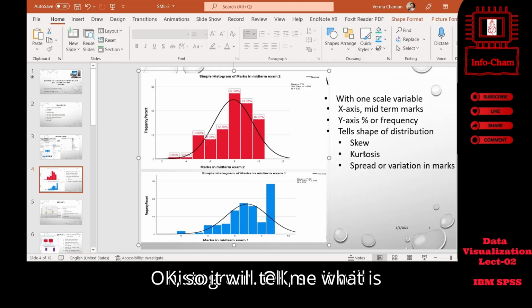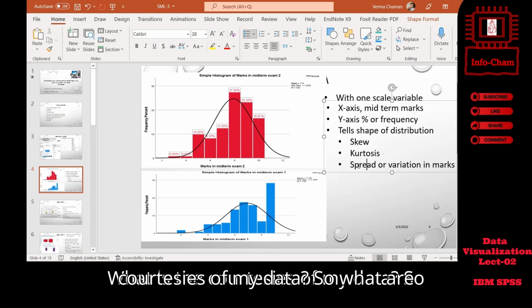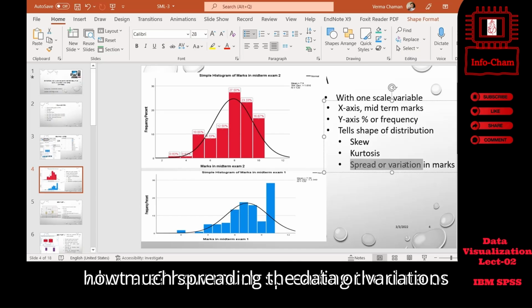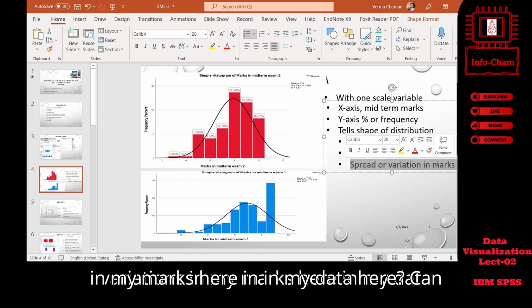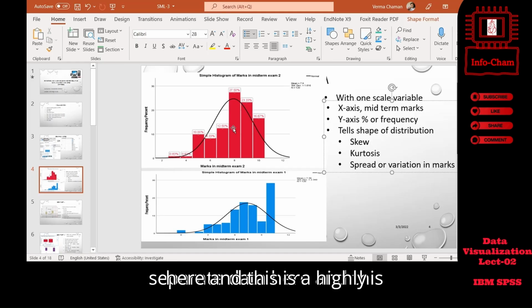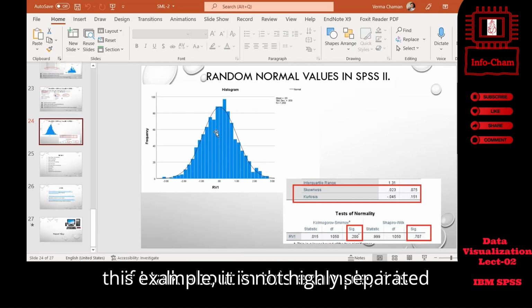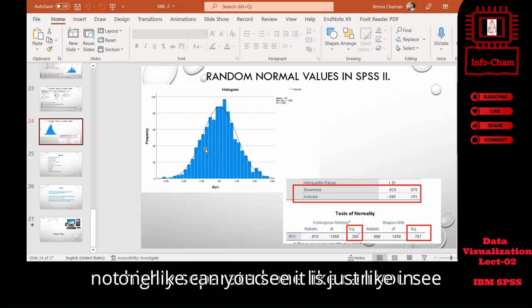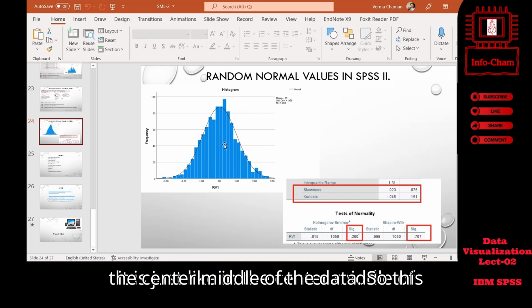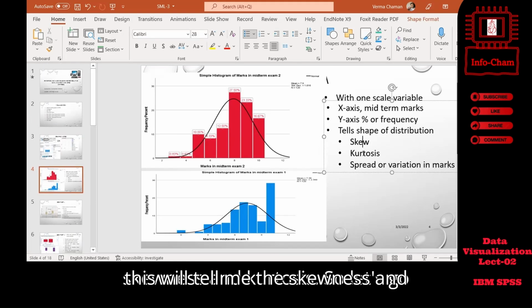It will tell me the skewness and the kurtosis of my data, and how much spreading or variation there is in my marks. Can you see this is very little separated data, and this is highly separated data? In this example, it is not highly separated; it is just in the center, the middle of the data. So this will tell me the skewness and kurtosis.